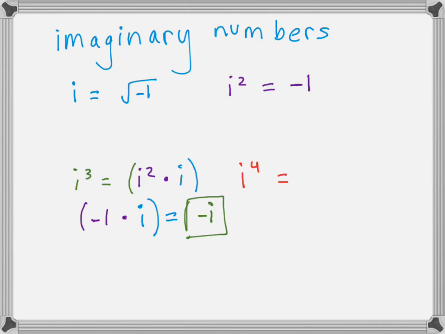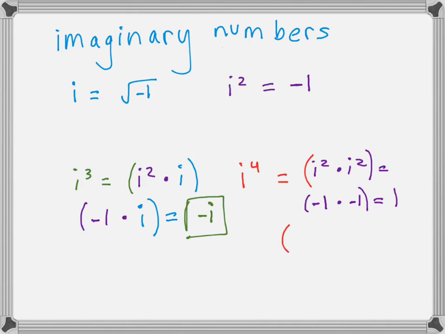And then for i to the fourth, a similar thing that you can do for that is there are actually two ways to prove this. So i squared times i squared equals negative 1 times negative 1, which just equals 1. Or we can do this a different way.